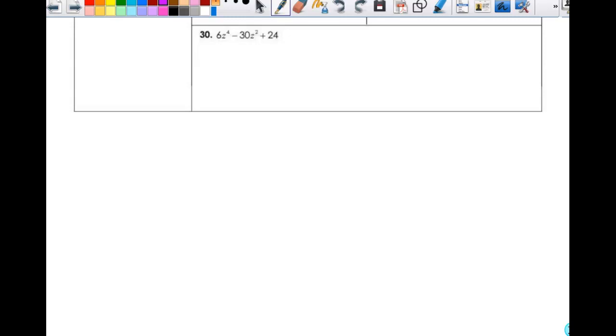Do we have a GCF? Yes, and it is 6. That is lovely because that leaves me with just a 1 right here. I can't factor out any z's though, so this leaves me with z to the 4th minus 5z squared plus 4. Okay. So this is a quartic, but I can treat it like a quadratic.